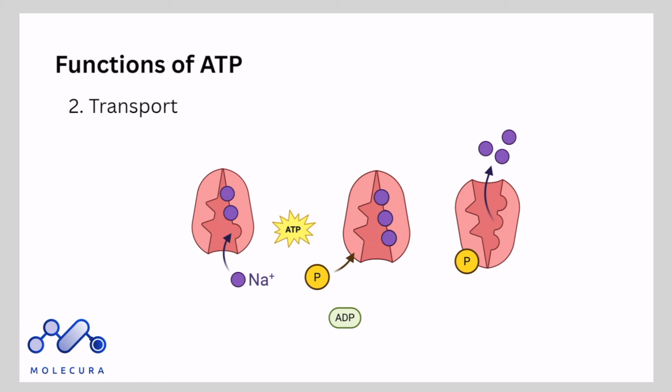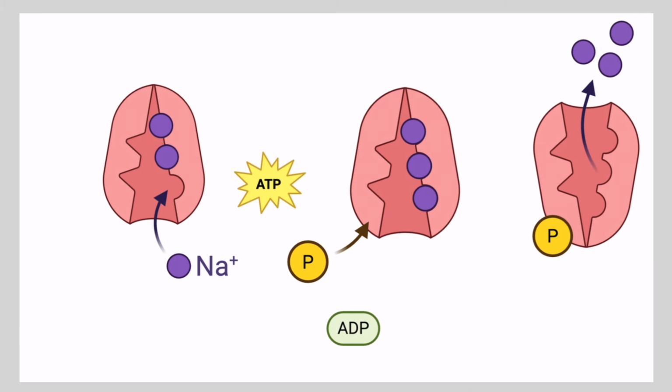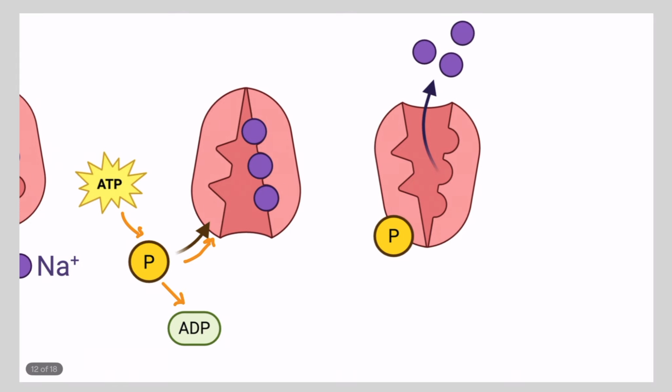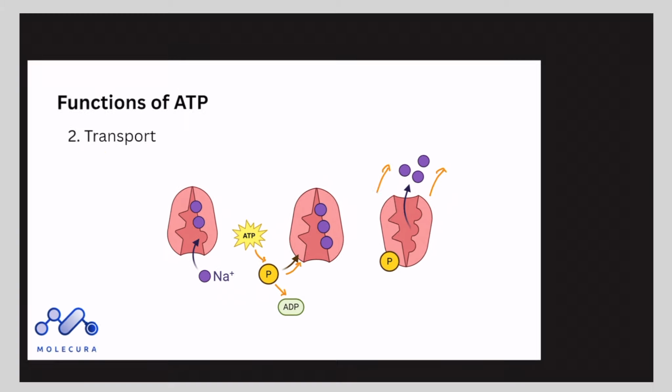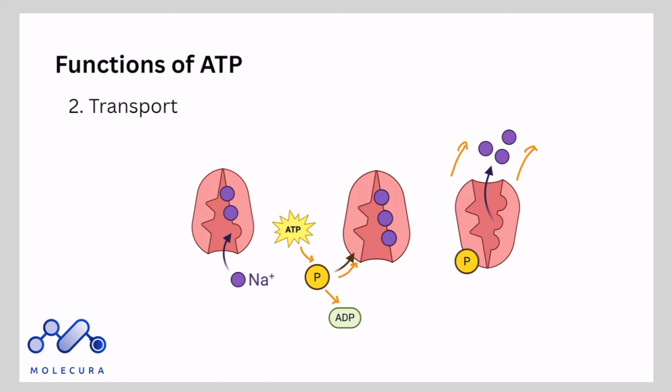ATP gets broken down, and the phosphate gets attached to this transporter, and the ATP is converted into ADP. The addition of this phosphate to this transporter is going to change the structure of this protein, and this sodium is going to get out of the cell. So transport is one of the functions of ATP.